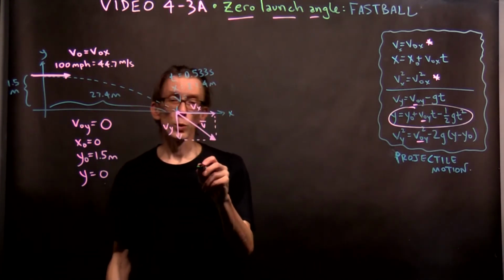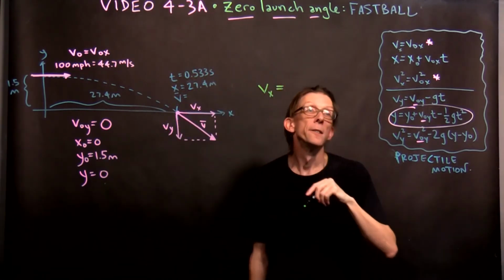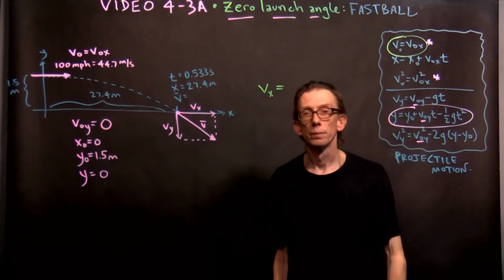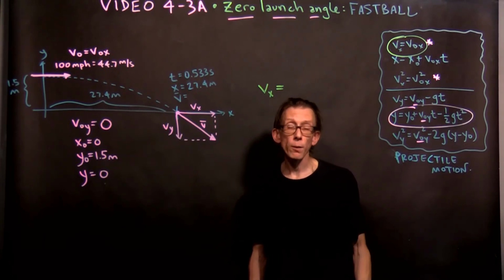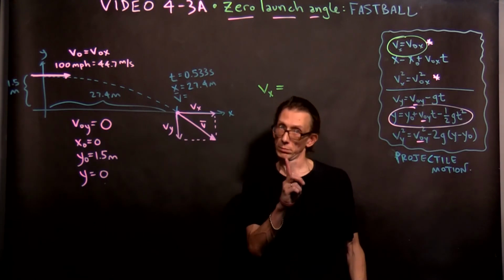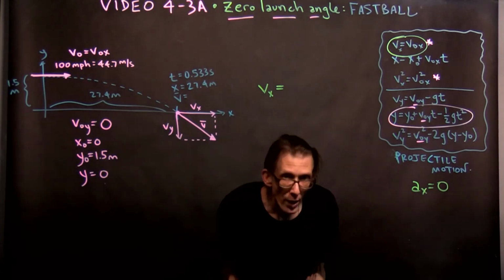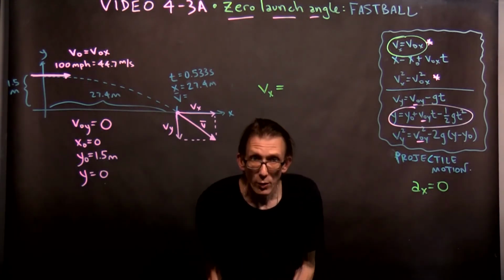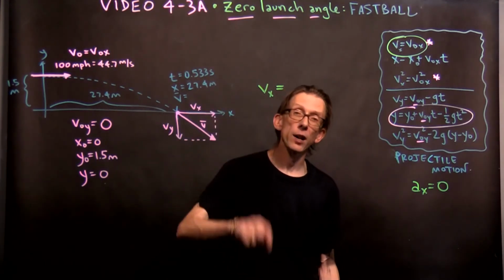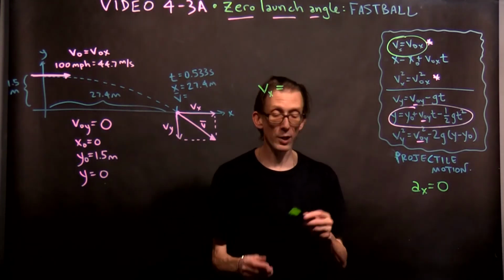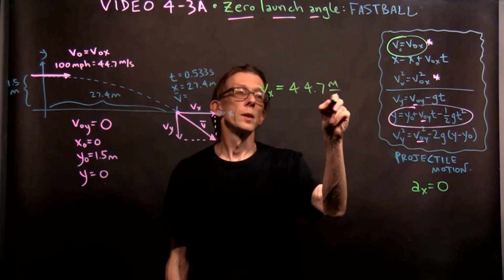Okay, what does Vx equal? It equals V naught x. That formula is useful here, but if you remember that the acceleration in the x direction is 0, you don't need to do any thinking about what the velocity is in the x direction. If there's no acceleration in the x direction, then the x velocity does not change. The x part of the velocity is exactly 44.7 meters per second.